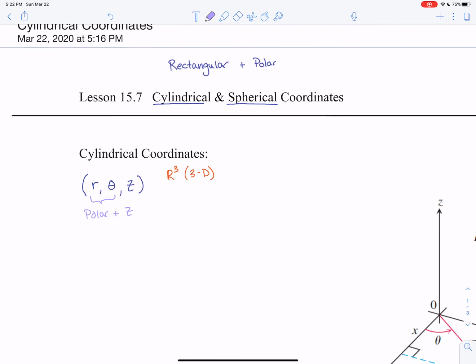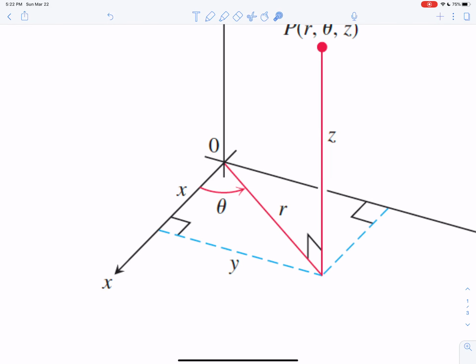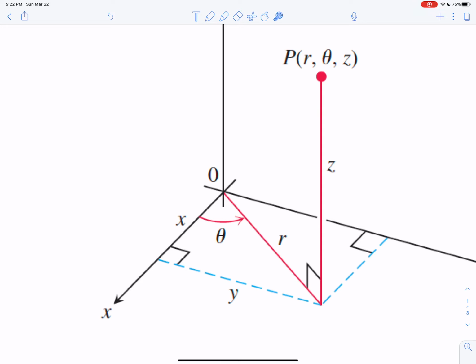So really all that cylindrical coordinates are is your polar system here on the xy plane. Remember, polar was just a 2D coordinate system where you add in a z value, right? So now you can expand it to all of R3. You can get to any point in 3D by just rotating in the polar coordinate system to your point on the xy plane, so getting underneath the point and then going directly straight up.